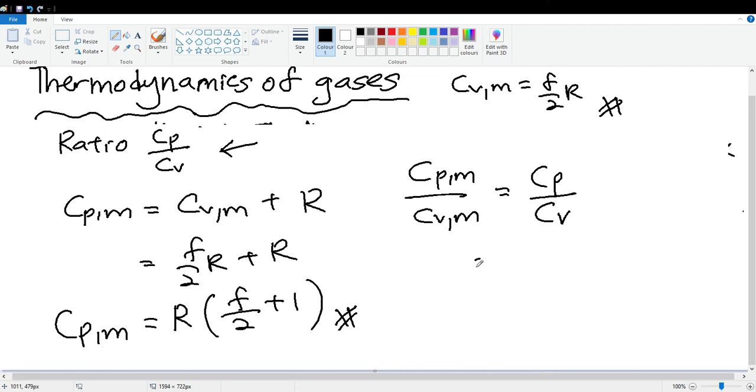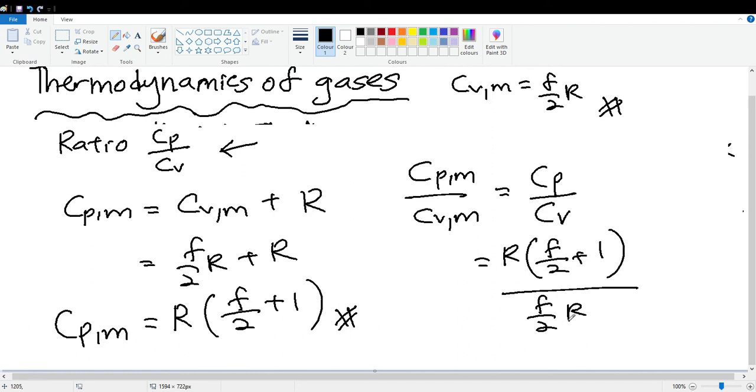So I can conclude that my Cp over Cv equals R times F over 2 plus 1, divided by F over 2 times R. What I can do is cancel, and finally I get 1 plus 2 over F. I simplify it: F plus 2 over F. So this is the ratio for the Cp and Cv.